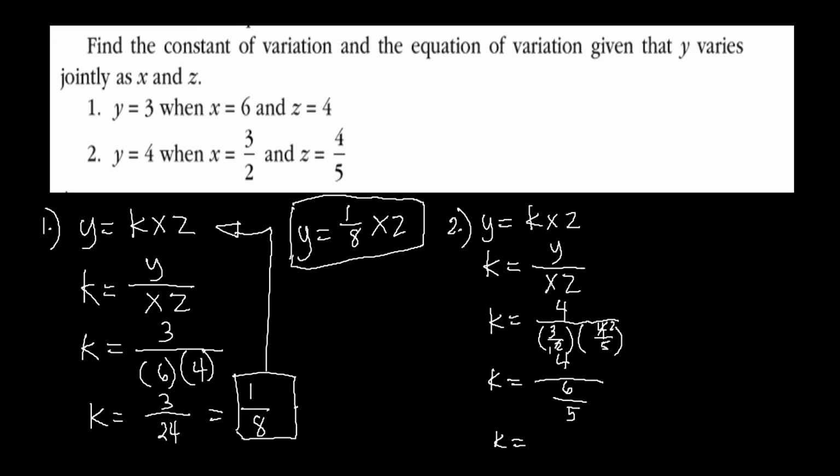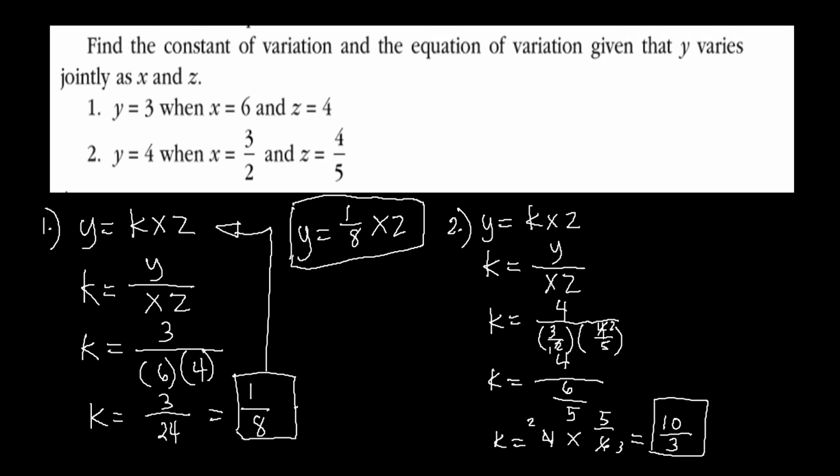That will be 4 times 5 over 6. Ito po yung rule ng division ng mga fractions. Okay, so we need to cancel. Yung 6 magiging 3. So we have 2 times 5, we have 10. And we have 3. So we have the constant of variation na 10 over 3.